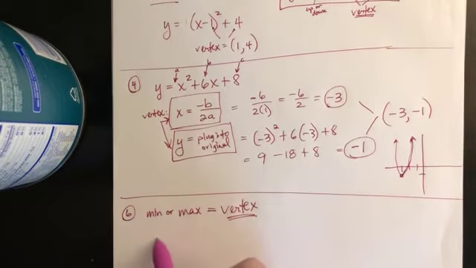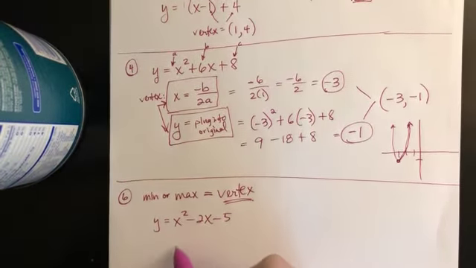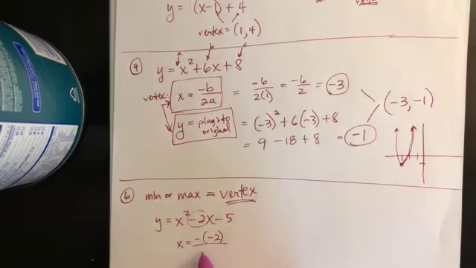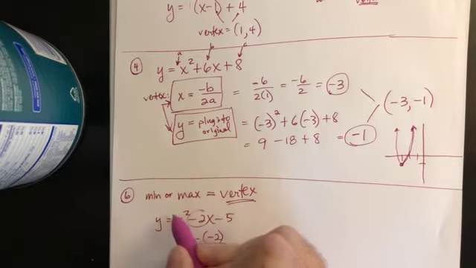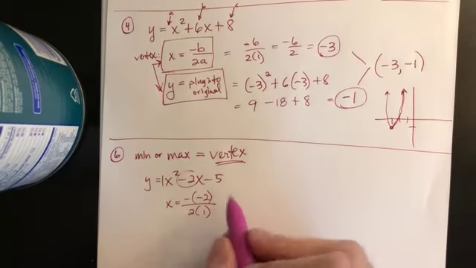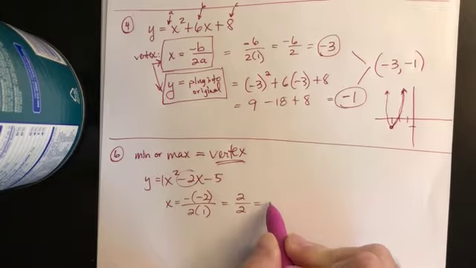So if you look at y equal to x squared minus 2x minus 5, we're going to start with x equal to negative b over 2a. And so we get negative 2, which is what b is, and then we get 2 times 1, which is what a is, right? There's a 1 here. And then we're going to say minus minus is a plus, 2 times 1 is 2, and that makes 1.